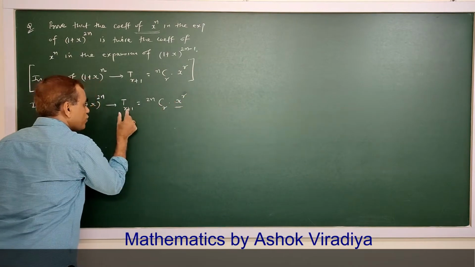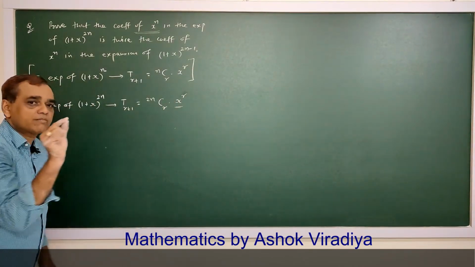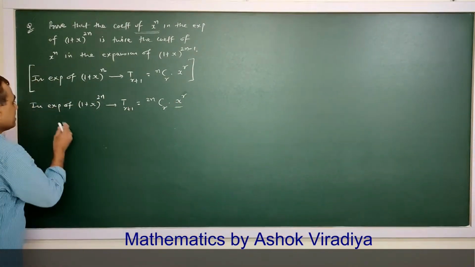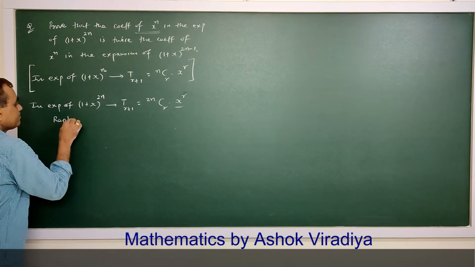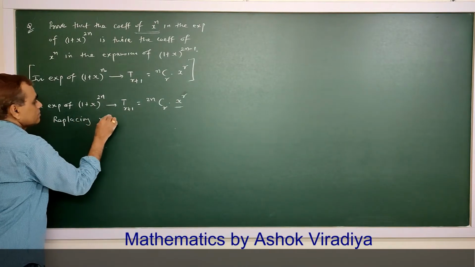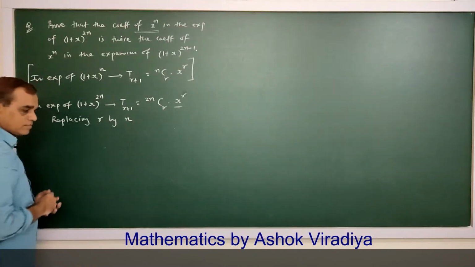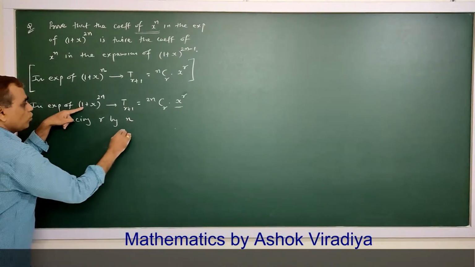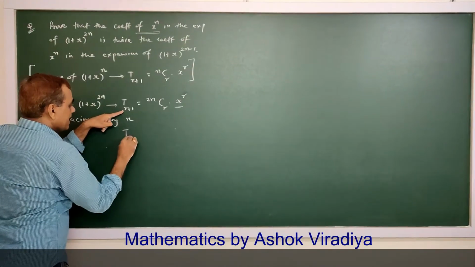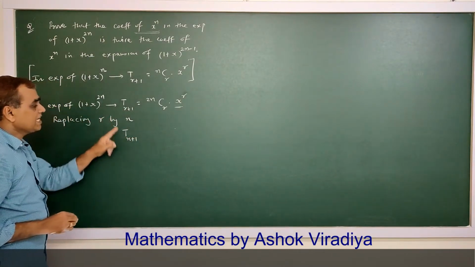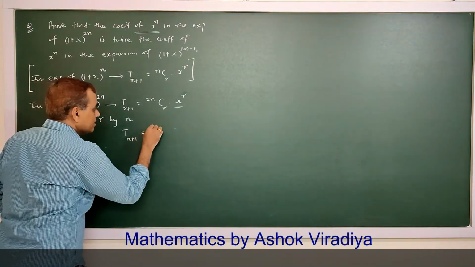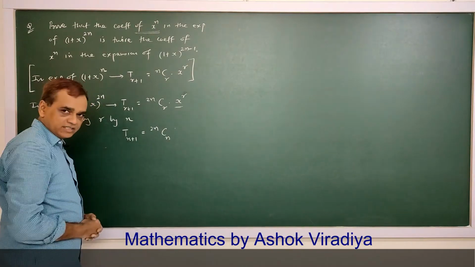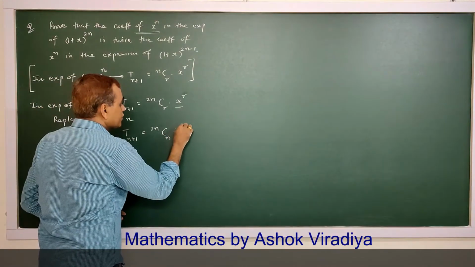So in this equation, we replace r by n. So replacing r by n, t n plus 1 is 2n Cn into x raised to n.